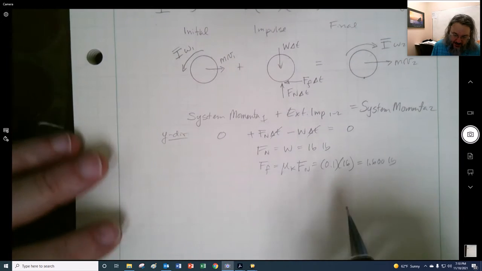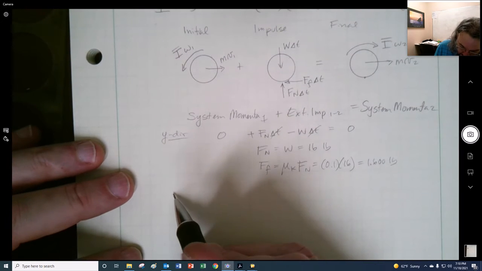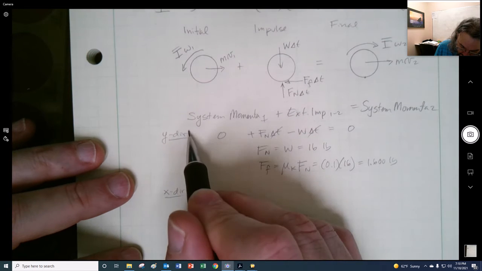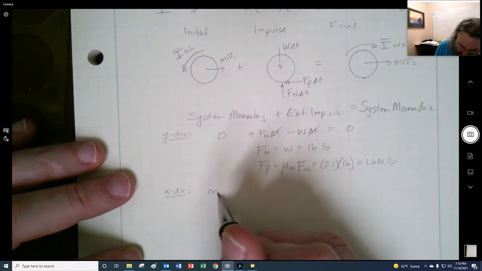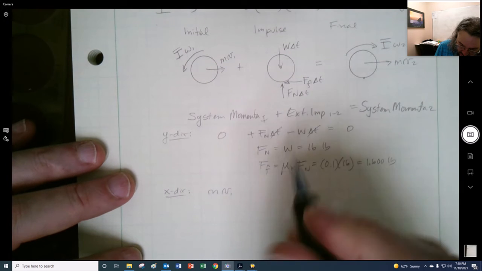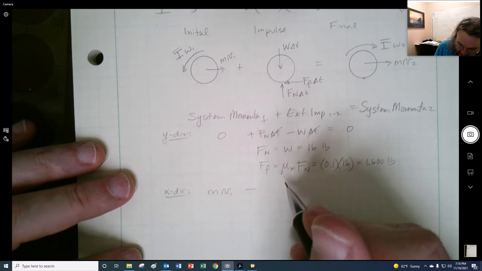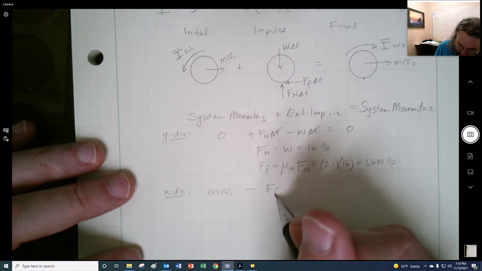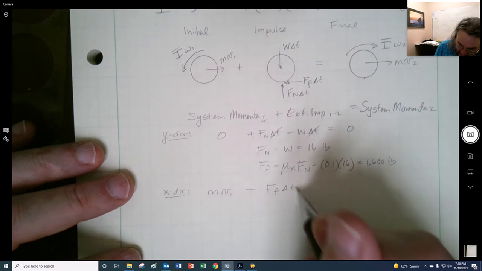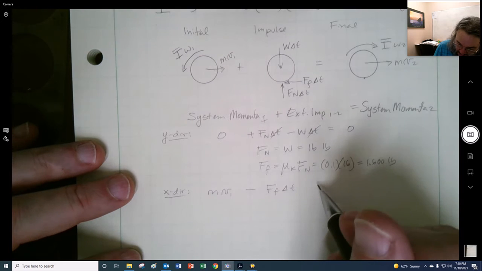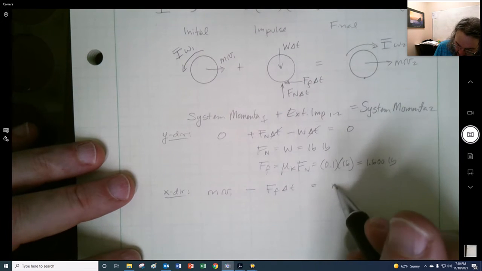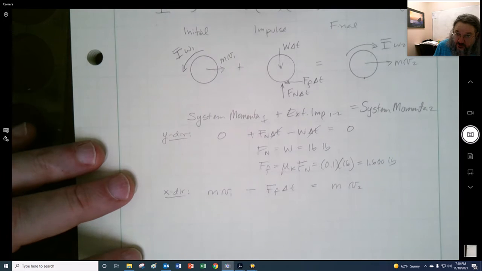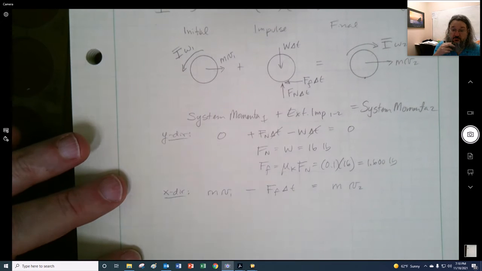But now in the x direction, we're going to say mass times velocity 1 minus friction force delta t, right? So this is linear momentum. Nothing else is in the x direction. It's going to be equal to mass times velocity 2 in the x direction.